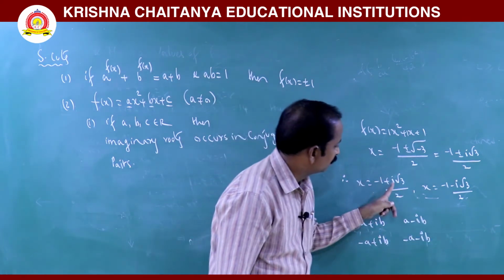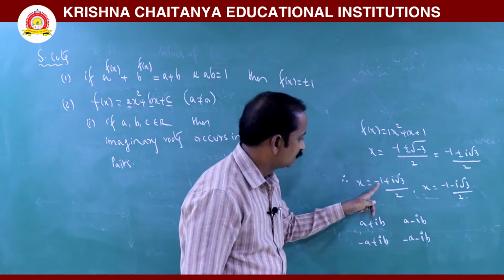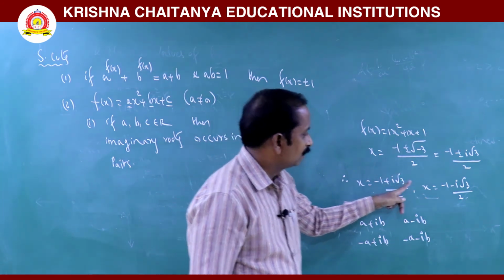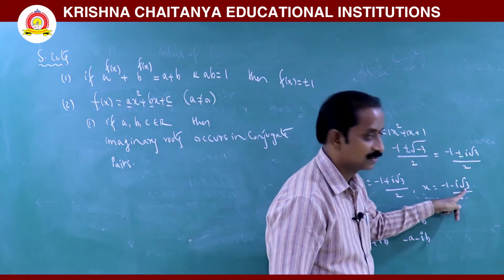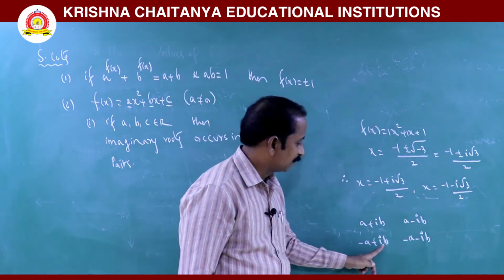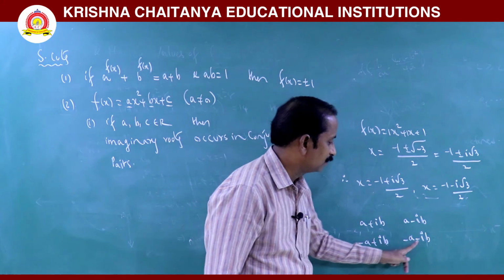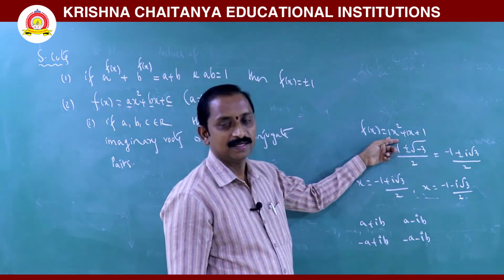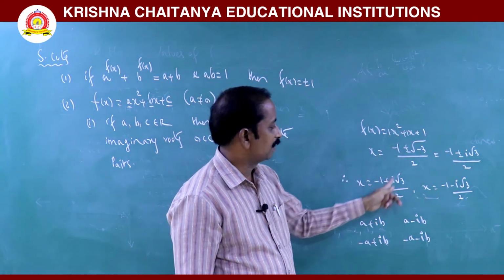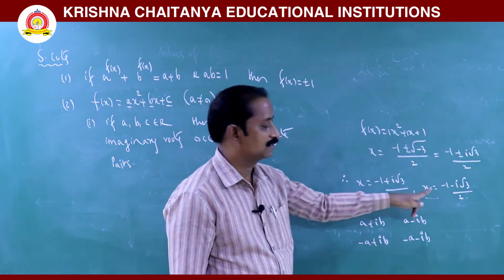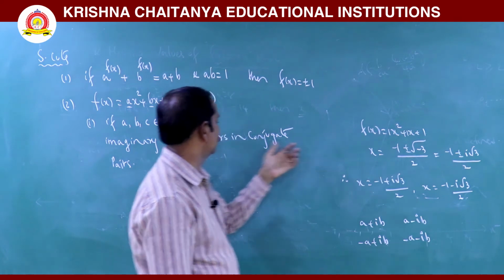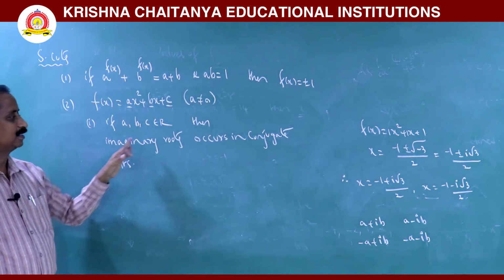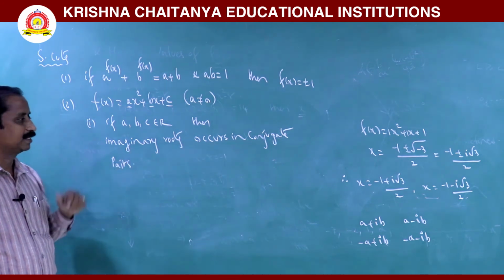So it is clear: one imaginary root is of the form a plus ib, and another root is a minus ib. So for this polynomial with real coefficients, imaginary roots occur in conjugate pairs. So a, b, c real, then imaginary roots occur in conjugate pairs.